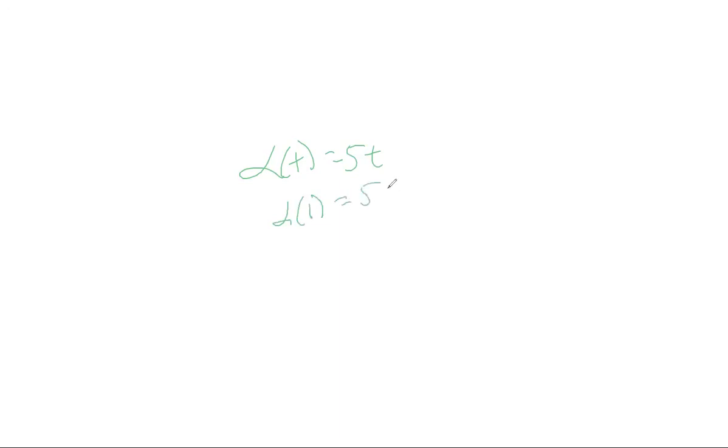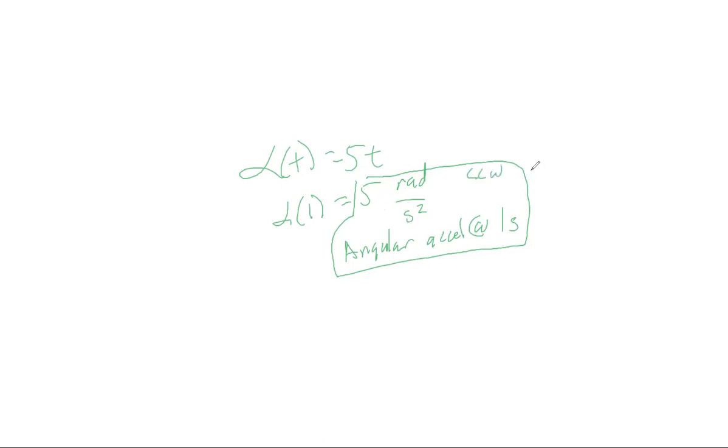Well, that's just 5, and the unit is radians per second squared. So this is angular. The angular acceleration at 1 second is 5 radians per second squared. And note, the positive value here indicates I'm moving counterclockwise. And I might ask you to define, are you moving counterclockwise or clockwise?